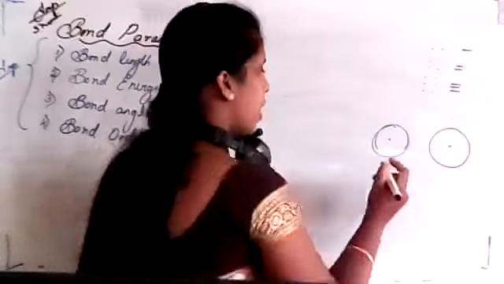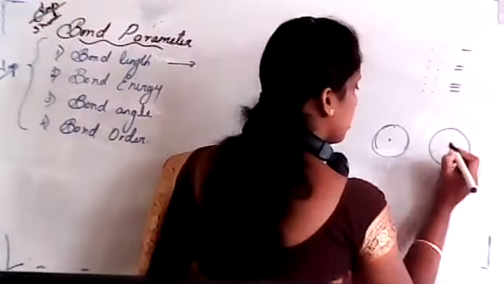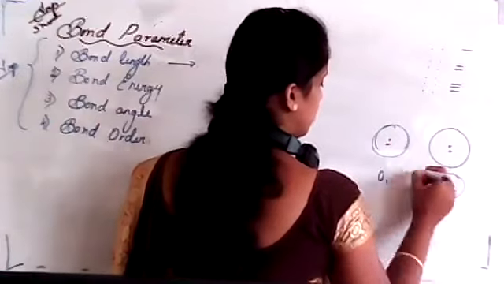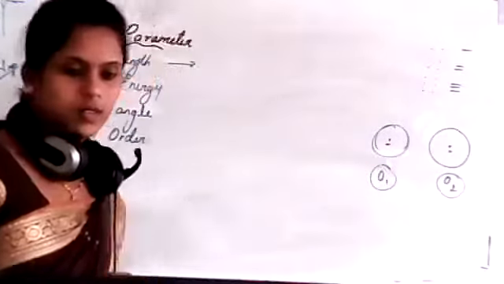So this is the nucleus of the first oxygen, and the nucleus of the second oxygen.